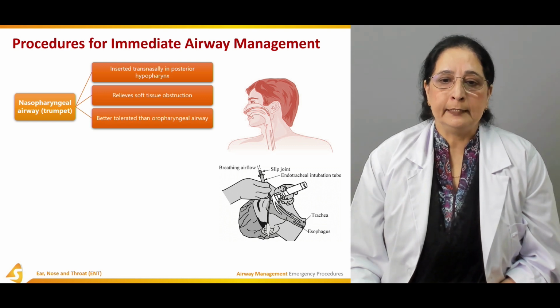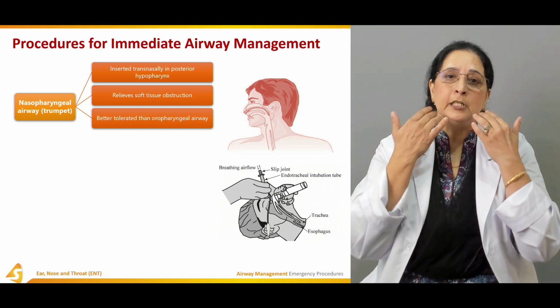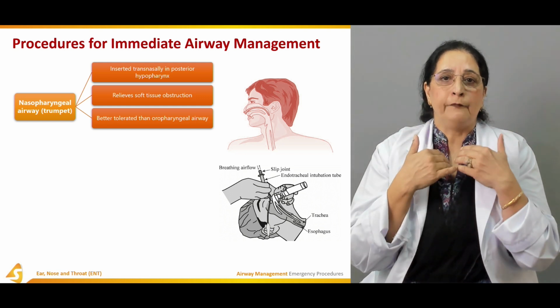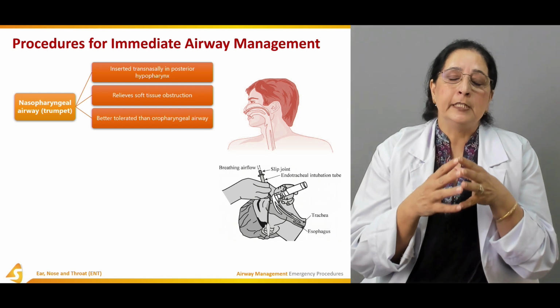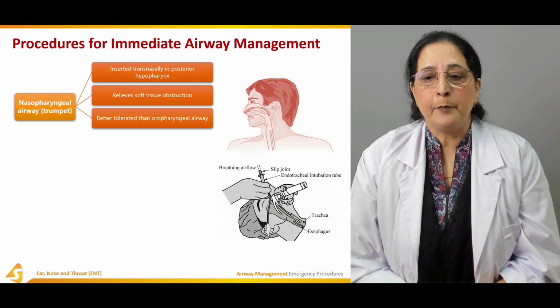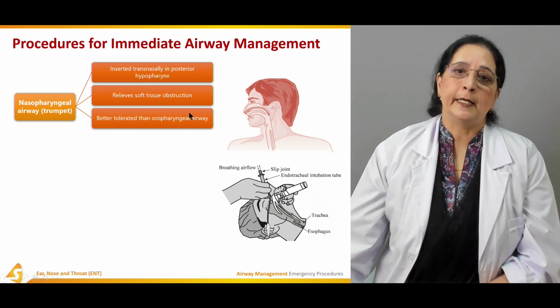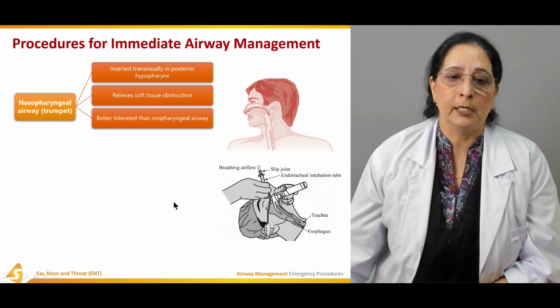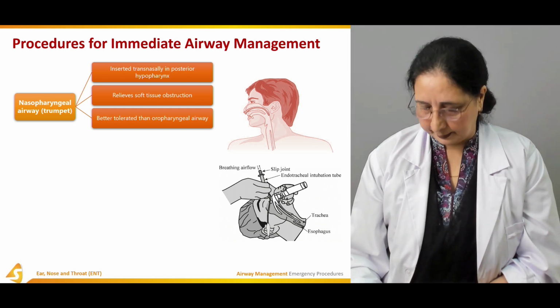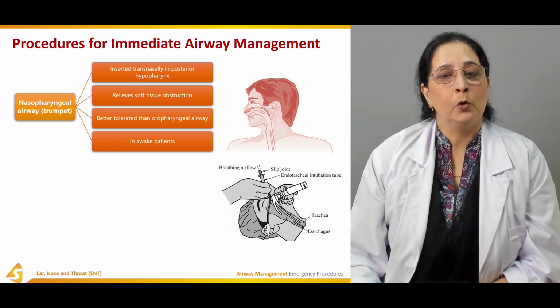Better tolerated than oropharyngeal airway. So oropharyngeal is from the mouth into the pharynx. Nasopharyngeal is from the nasal cavity into the posterior hypopharynx. And this is better tolerated than the oropharyngeal airway method. It is done in patients who are awake.